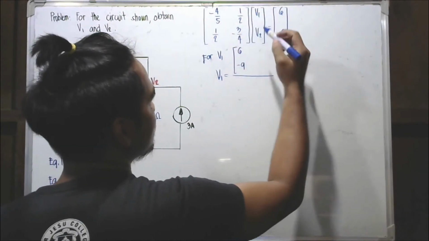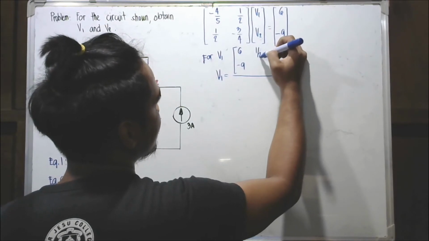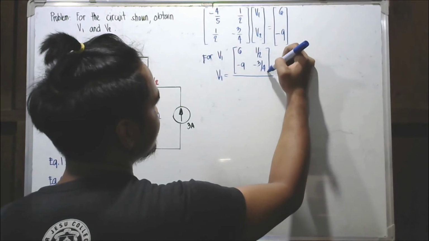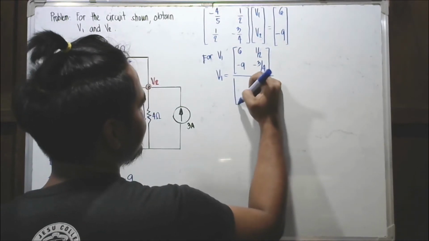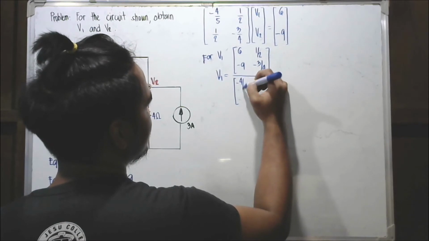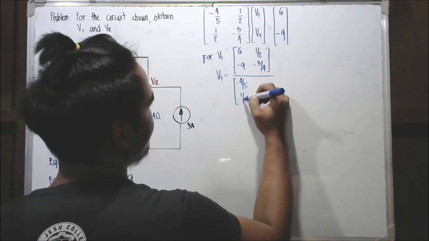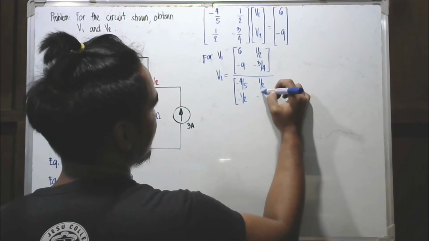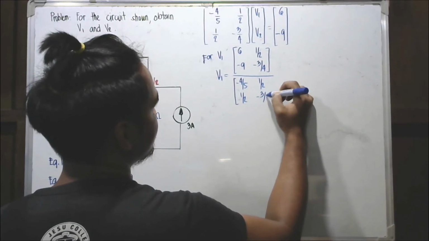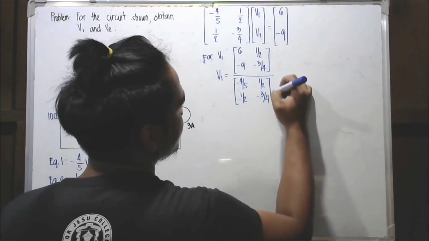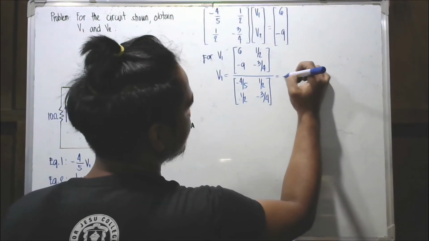Copy the second column, so you have 1 half, negative 3/4, divided by this matrix, so you have negative 4/5, 1 half, 1 half, and negative 3/4. Next, solve for each determinant.